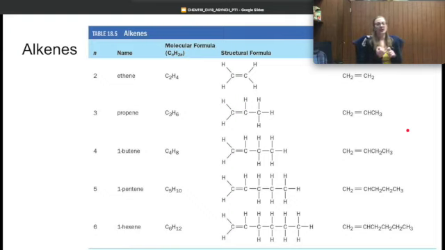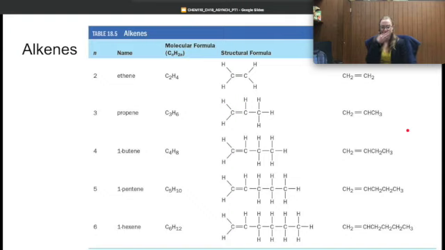Again, an alkene is going to have an ENE ending in the name. The molecular formula is going to follow the format of C sub N, H sub 2 times N, so you have twice the hydrogen for as many carbons as you have.